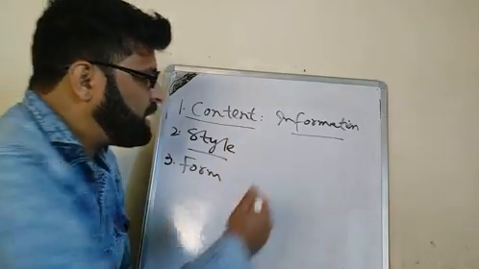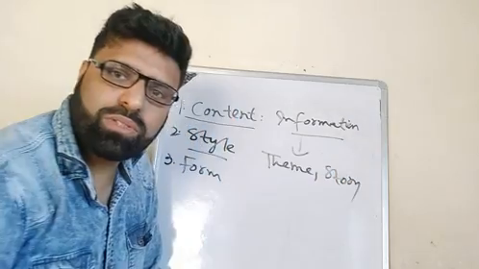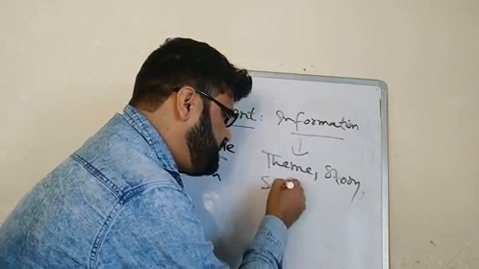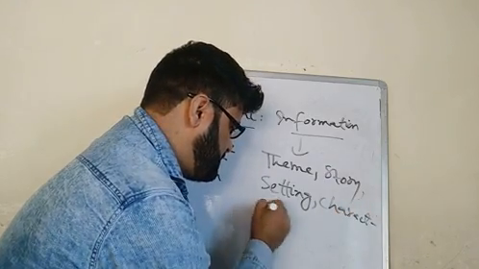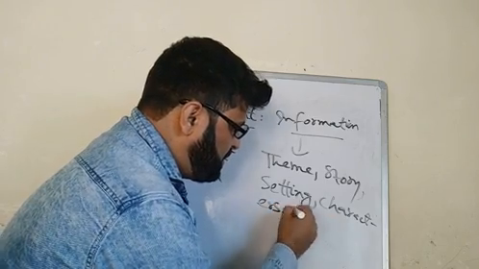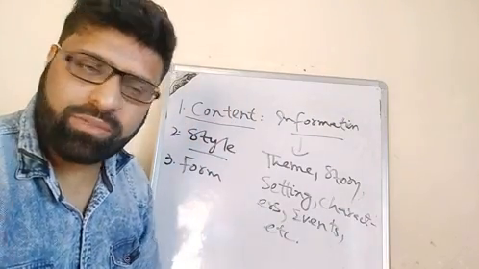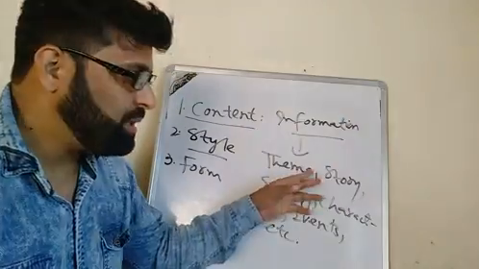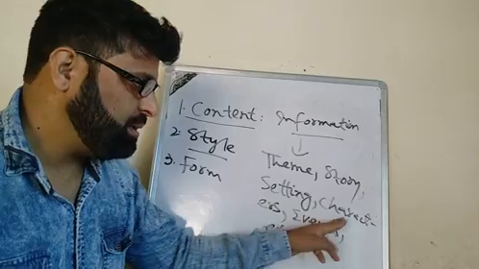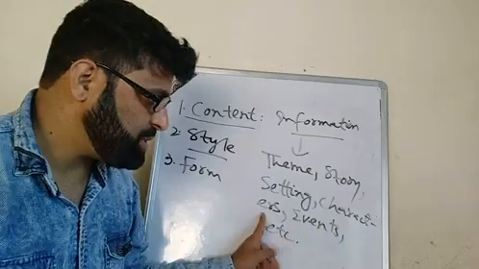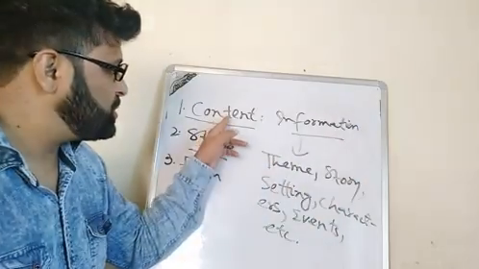For example, the writer talks about the theme or story, setting, characters, events, etc. The information that a writer gives about the theme of the story, the message of the story itself, setting of the story, characters of that story, events, etc. Any information about all these things constitutes our content.